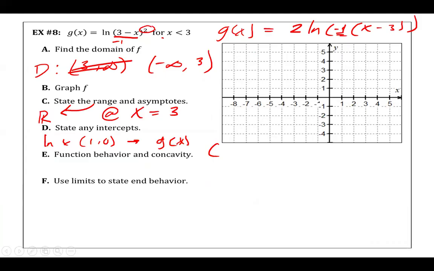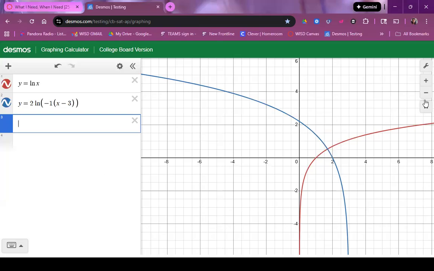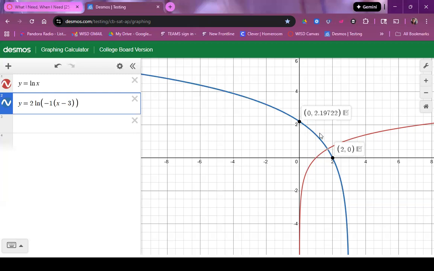Which is why our intercept is now different. See? So now we have an intercept at 2, 0. And we also have a y-intercept. So we have two values at play.